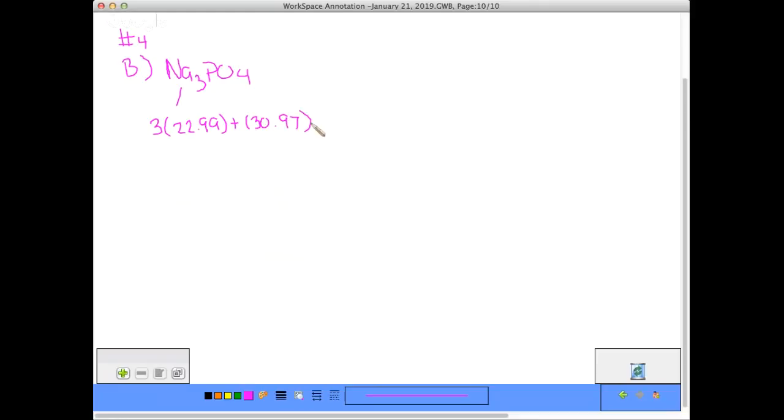And then I'm going to add together 4 times the oxygen, which is 16.00. If I add this all together, I get my molar mass to be 163.94 grams per mole. So that's for that whole thing.